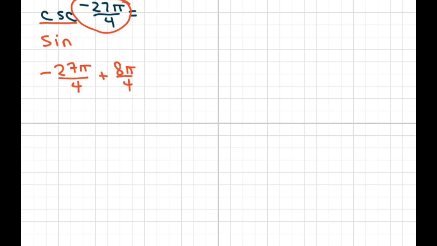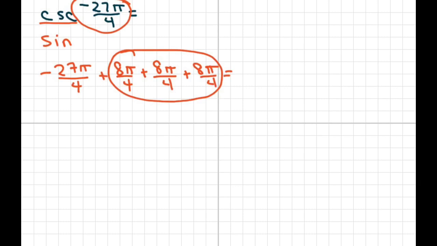That's still not big enough, so I'm going to add another 8 pi over 4. That's 24 pi over 4, which gives me negative 3 pi over 4.